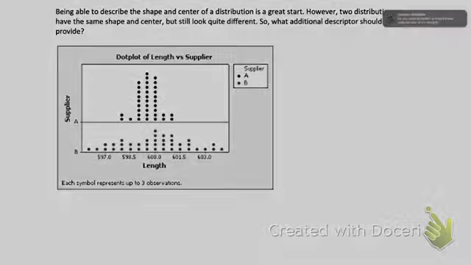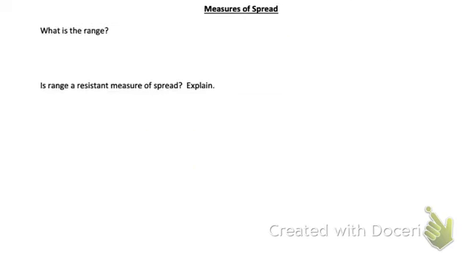So the first thing is something that you guys are very familiar with, range. What is the range of the data? Yeah, if I take the maximum value and subtract the minimum value, I'll get the range.